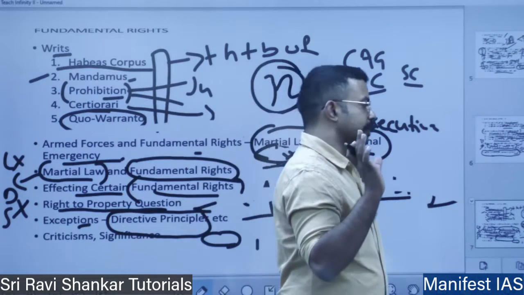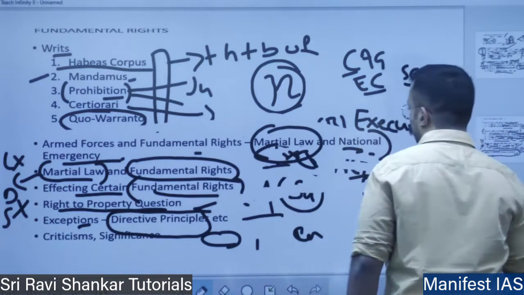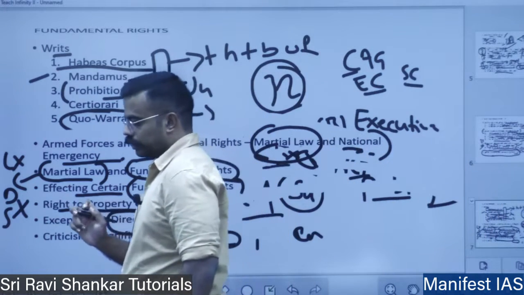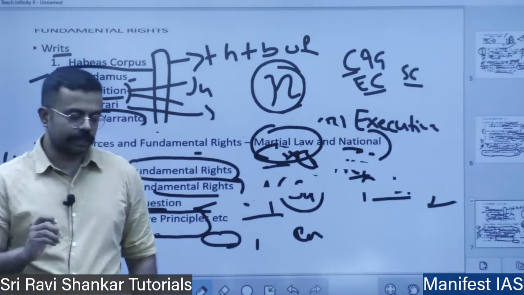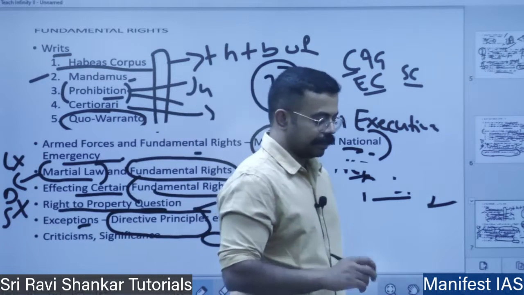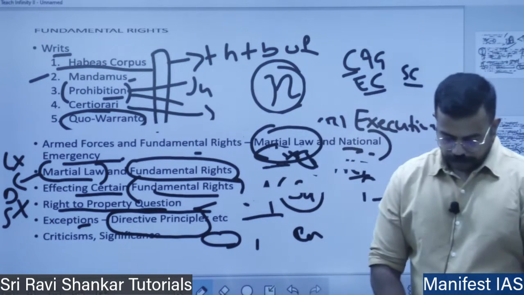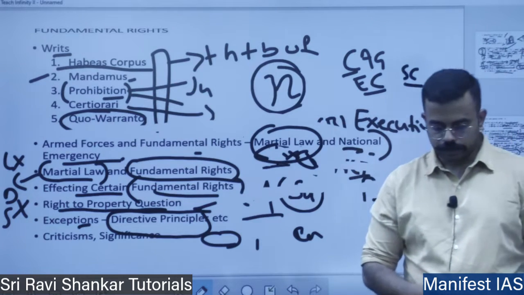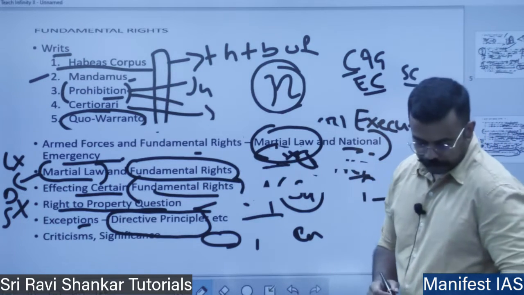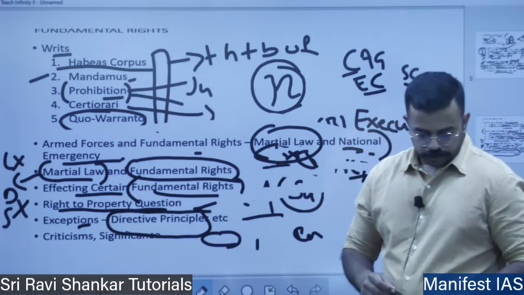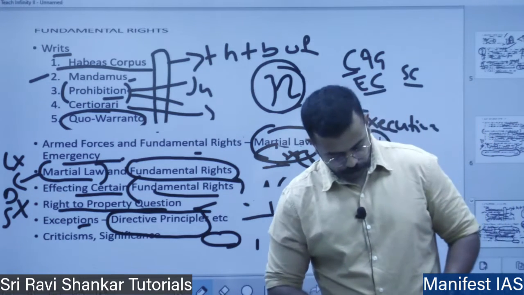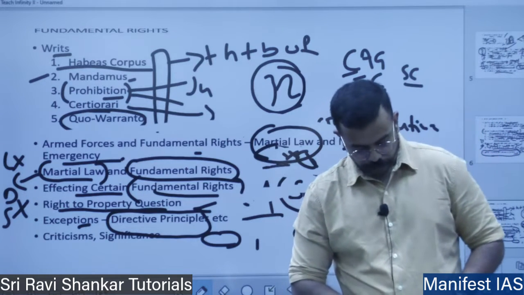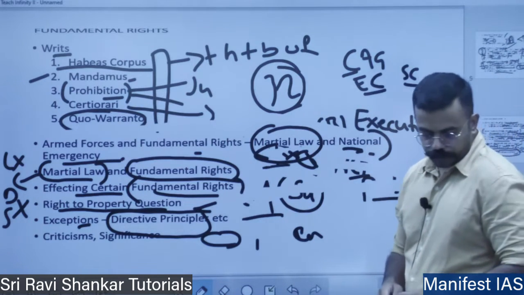So what are these directive principles? One or two are there. One is prevention of concentration of wealth, that is Article 39B, and the second one is 39C, and both of them speak of prevention of concentration of wealth.